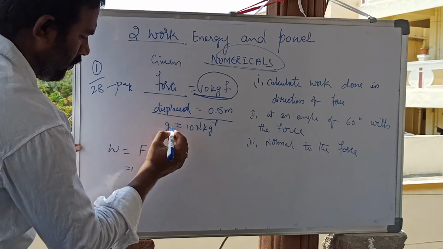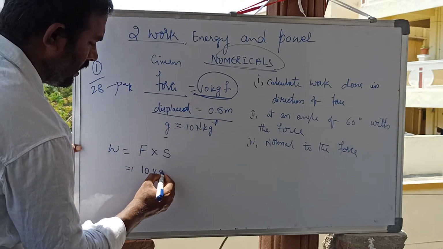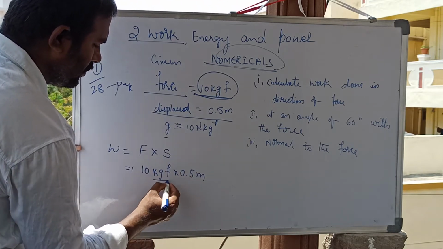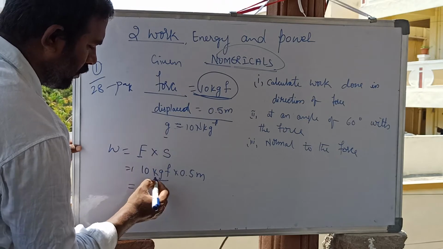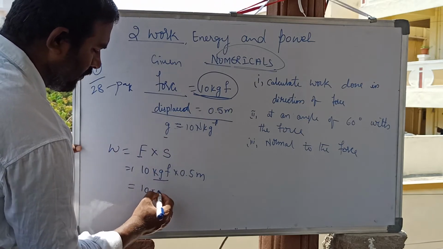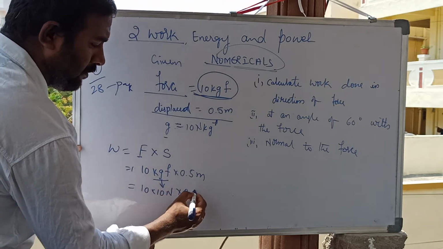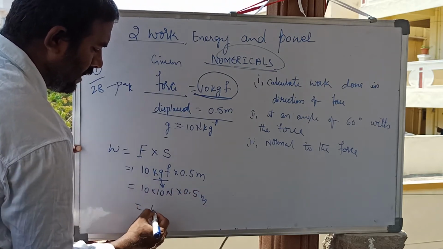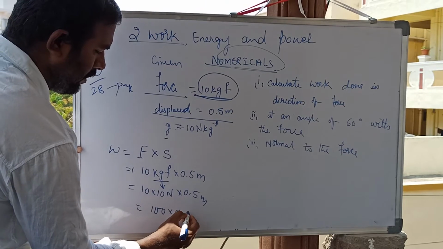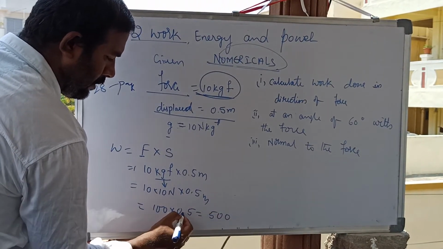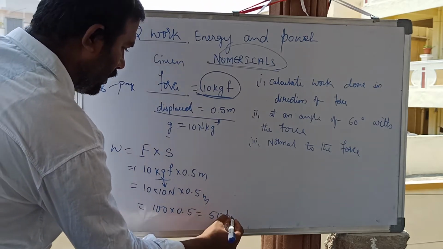Force is 10 kg force into 0.5 meters. Force is always in newtons, so 1 kg force is equal to 10 newtons. So 10 into 10 is 100, into 0.5, which is 50 joules.